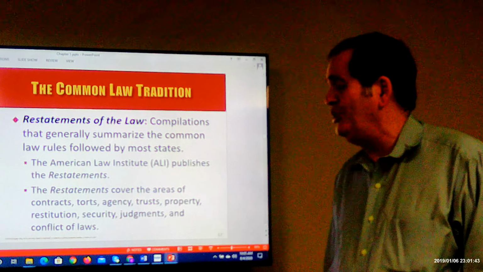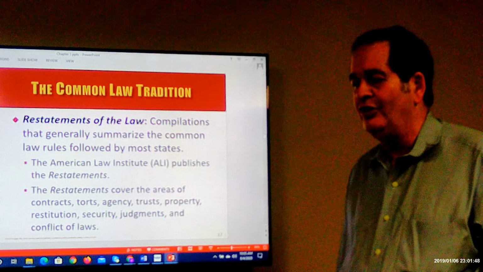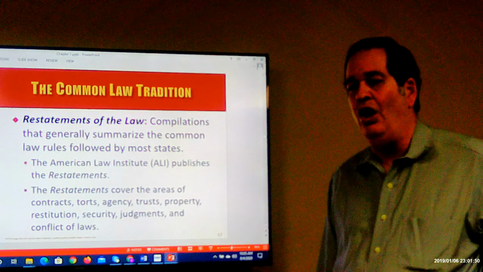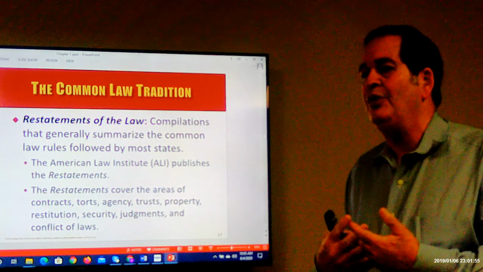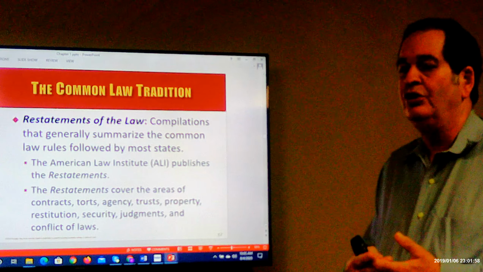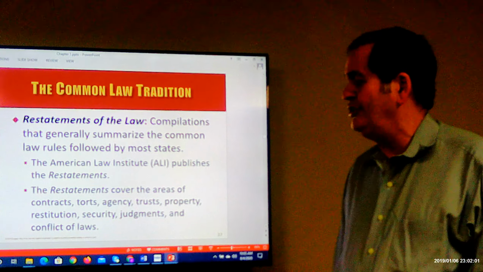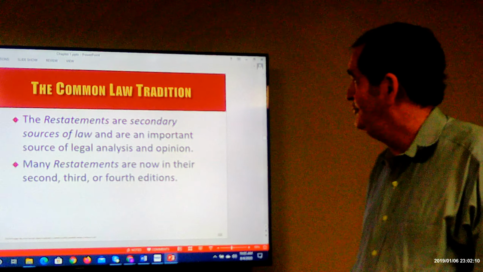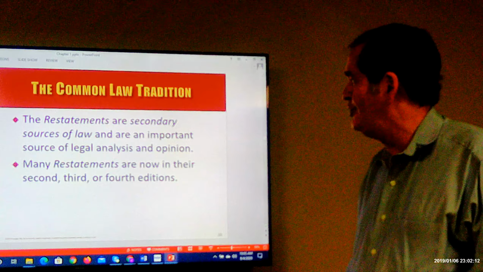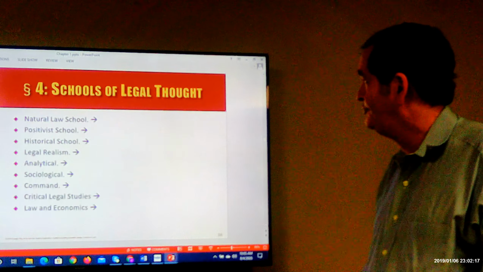They also look to restatements of law, which are basically legal scholars' attempts to take the law as it exists throughout the 50 states and make it into one comprehensive singular law, and that helps judges to understand what the purpose is behind those laws and to then be able to interpret the law. So restatements are secondary sources of law, and there are many restatements.